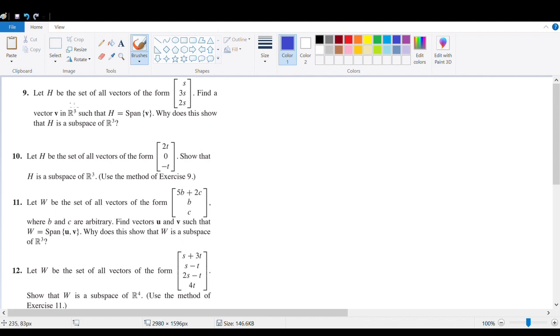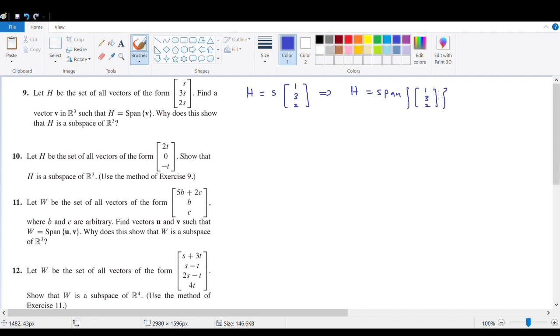If H is the set of all vectors of this form, that means H is equal, if we take s as a common factor, to s times (1, 3, 2). So if we need to write H as a span of v, H is equal to the span of the vector (1, 3, 2), all the linear combinations of it.